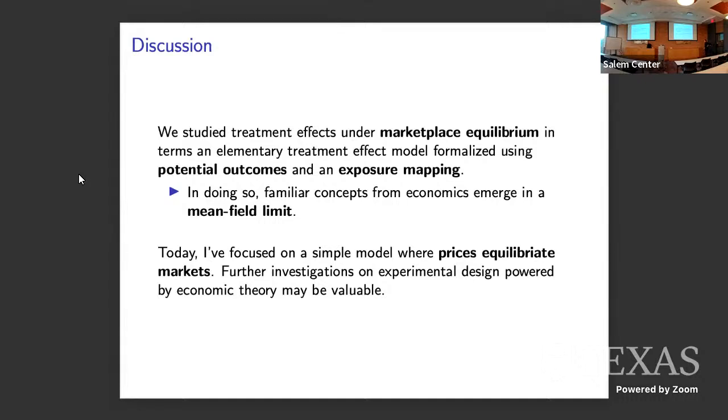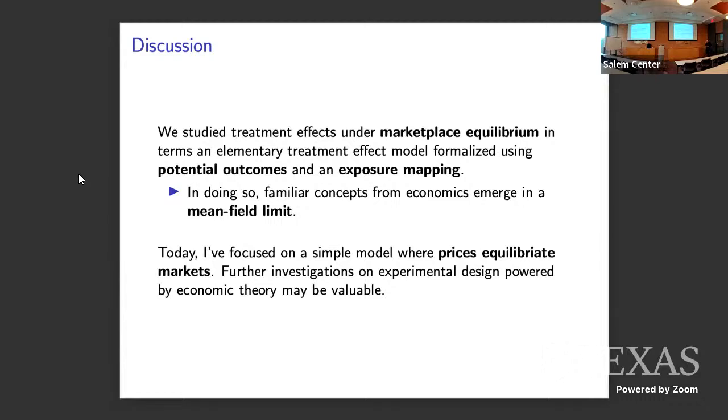All right, so that's essentially what I had today. We talked about randomized trials and treatment effect estimation under marketplace equilibrium. We started off with something that looked a lot like RCT interference work, but in a marketplace setting. We talked about how potential outcomes and exposure mappings look in this setting.